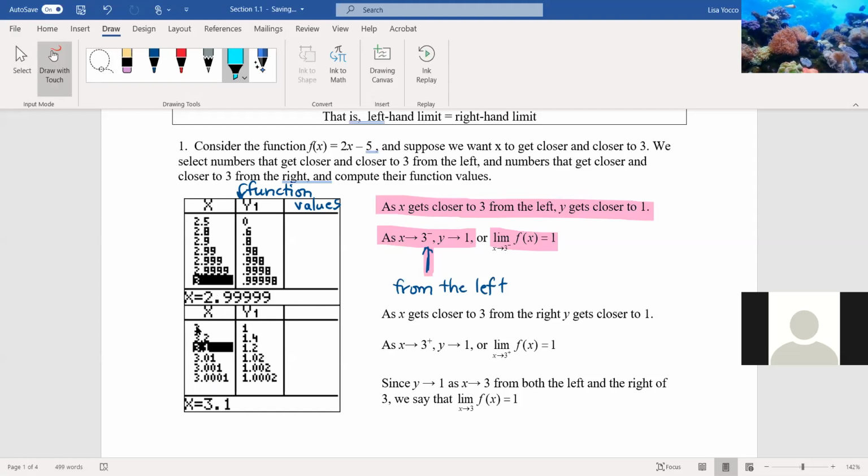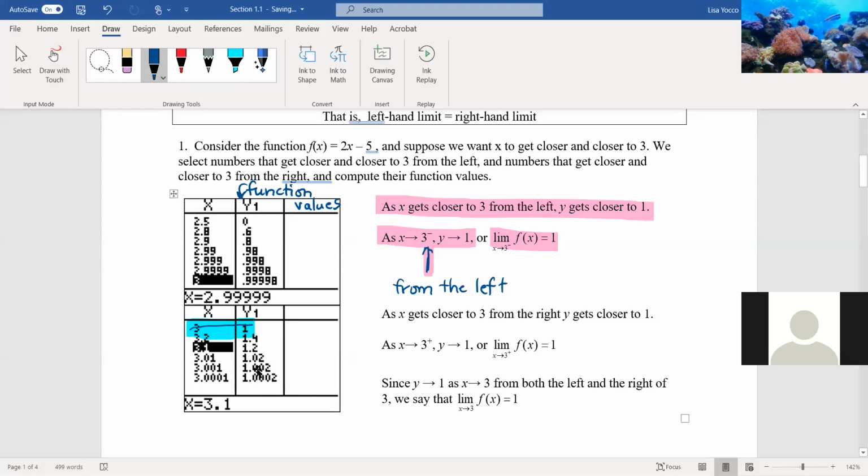Okay, that first number shouldn't be there. So cross that out. Starting at 3.2, then going to 3.1, then going to 3.01, 3.001, 3.0001. That is looking at x's that are getting close to 3 from the right of 3.